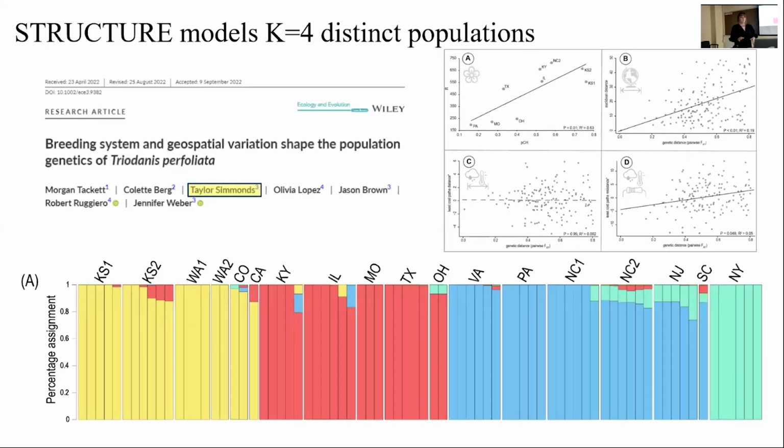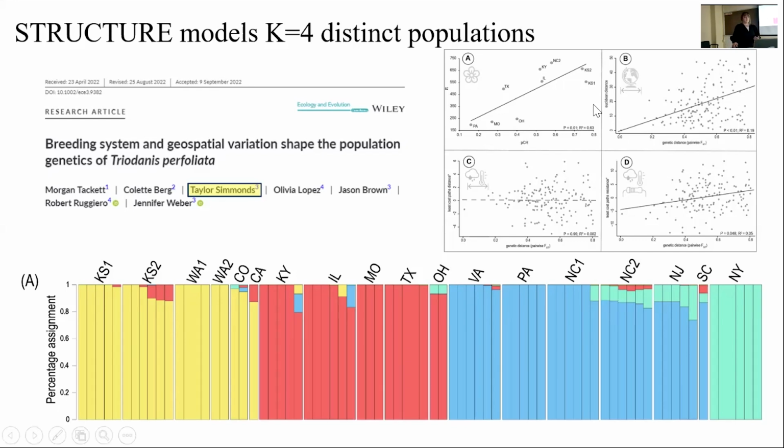So Morgan first did STRUCTURE, which is these colorful bars you see at the bottom here, to look at the genetic relationship between these populations. She then, if we go up here, looked at the diversity based on breeding system at each population, and how breeding system variation related to diversity across these populations.